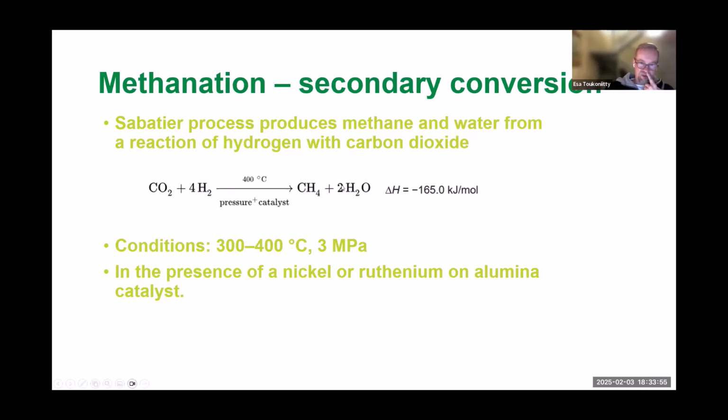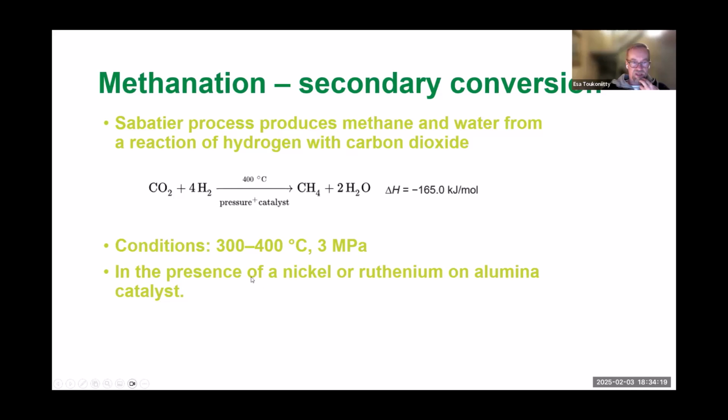If you lower the temperature, water condenses to liquid and methane remains as a gas, so this is not a very challenging separation.